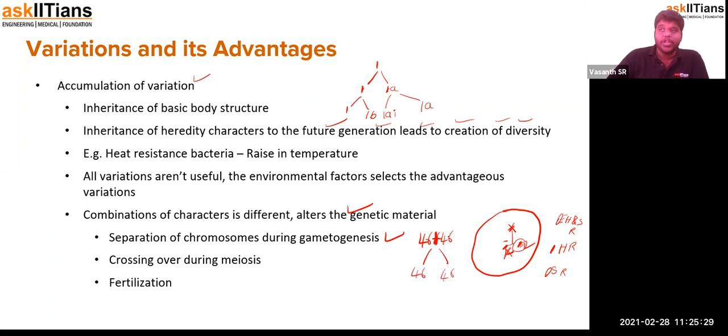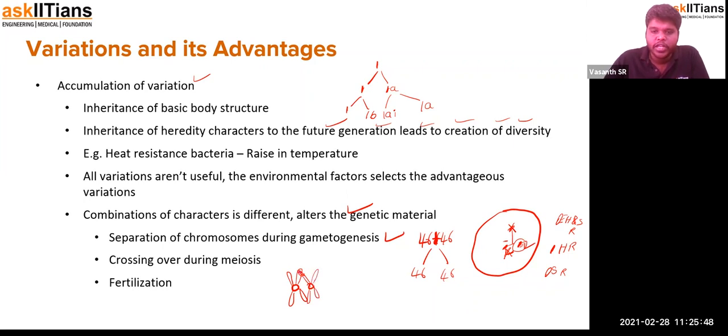Crossing over is something that you would have studied in class 9 itself, in the process of division. Two homologous chromosomes undergo overlapping.